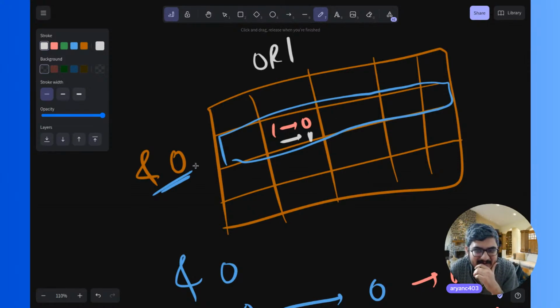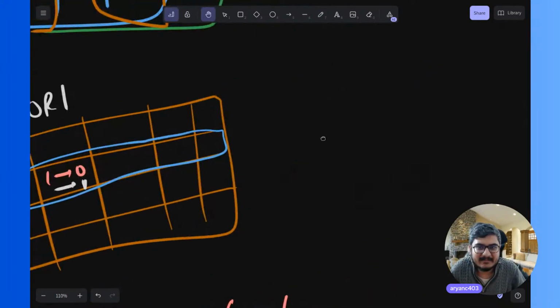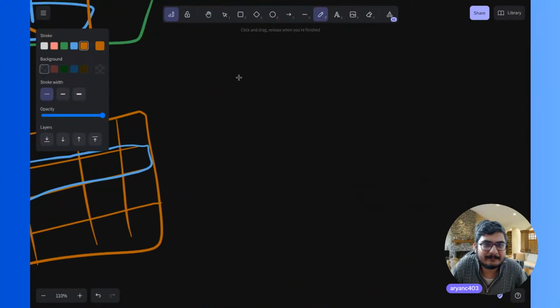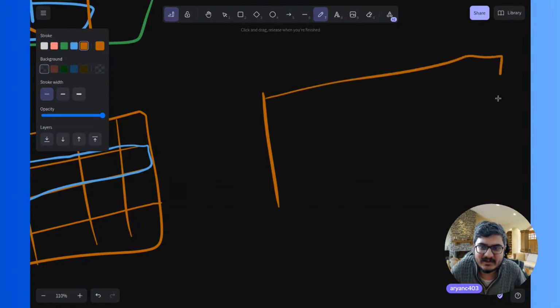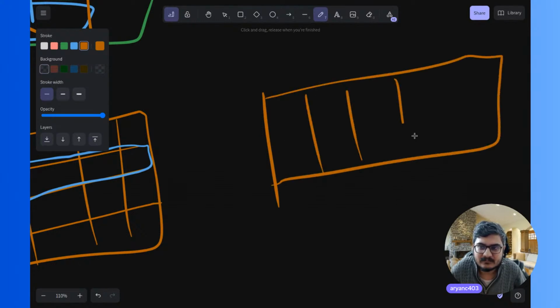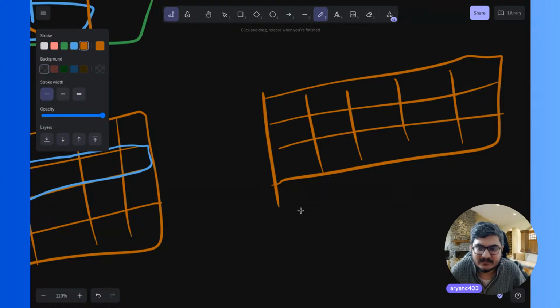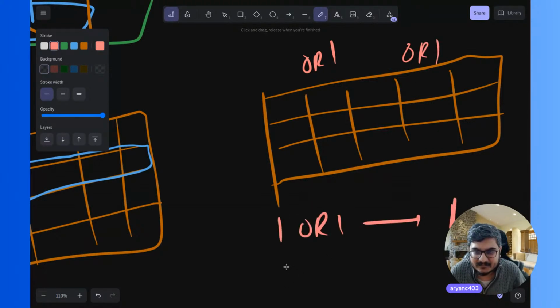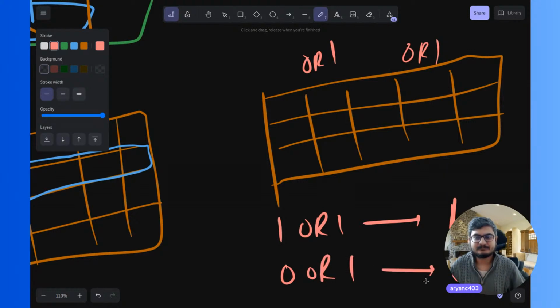And once I have done some operation like this in this row, my goal is to look at all the columns where I have potentially created problems and do OR with 1 here. OR with 1: 1 OR 1 does not change anything, 0 OR 1 will again make it 1.